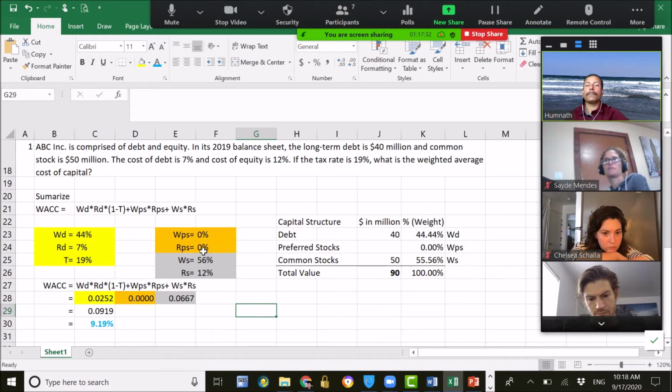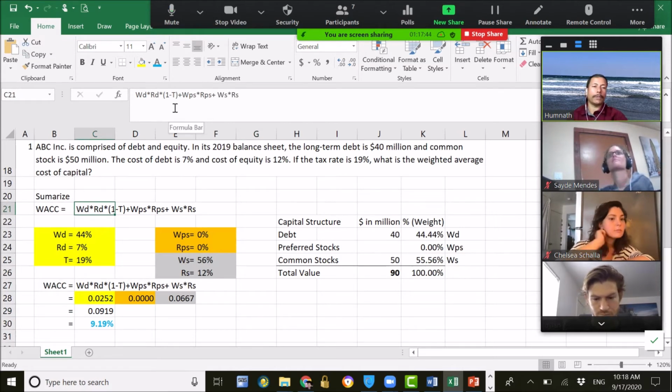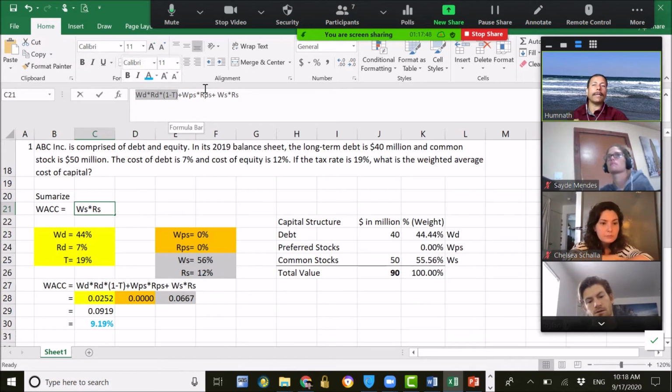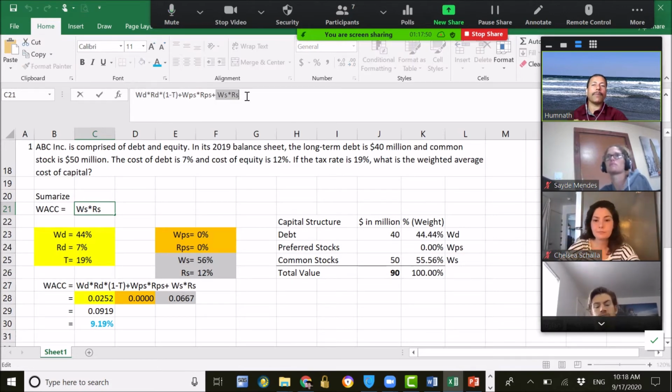So if you have no preferred stock, the middle part is going to be 0. So that's so easy. You don't have to be confused. This is the whole equation. It's always going to be the last and the first part you're going to have in the equation. But the middle part, some companies don't have preferred stock.